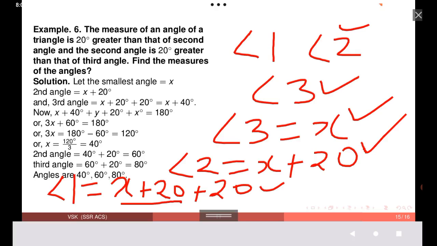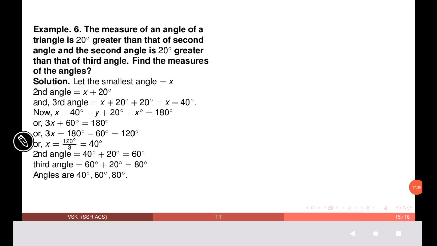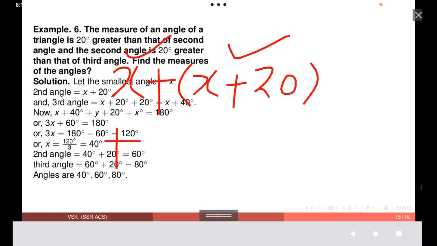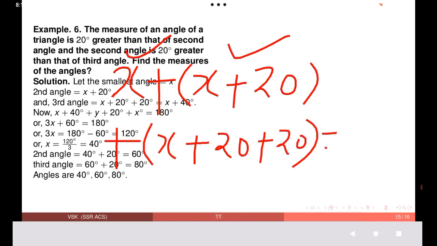So from here, the sum will be, by mistake it is written y, it should be x. So this is the third angle x, this is the second angle x plus 20, and the first angle should be x plus 20 plus 20, and that is equal to 180.